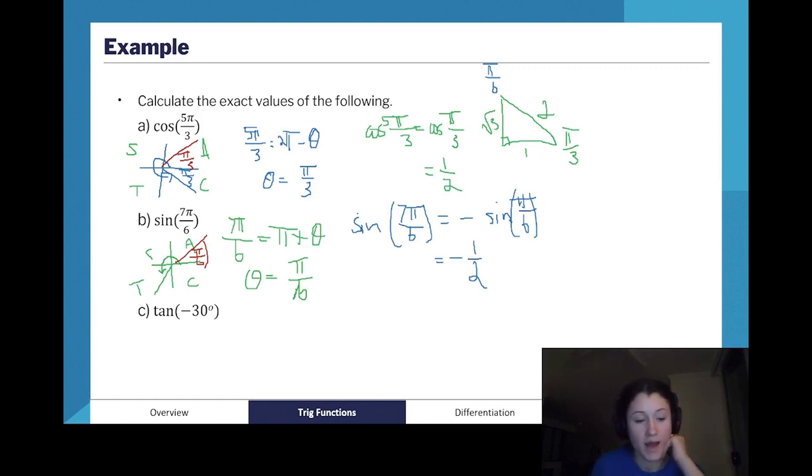So here we have the tan of negative 30. This is going to be a clockwise 30 degrees. And we want to determine what that looks like.